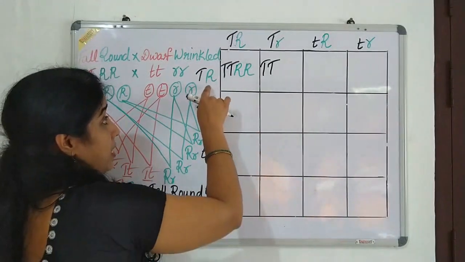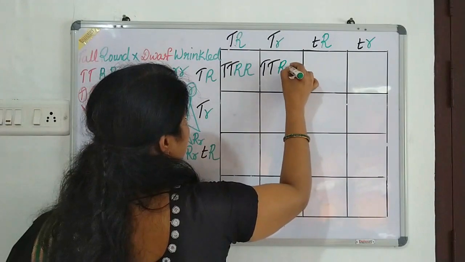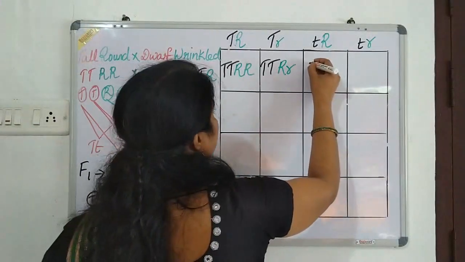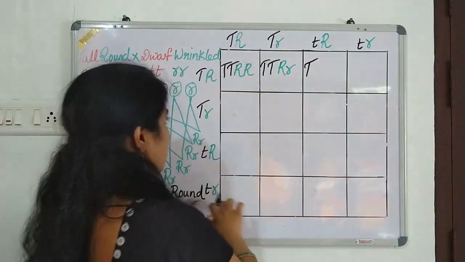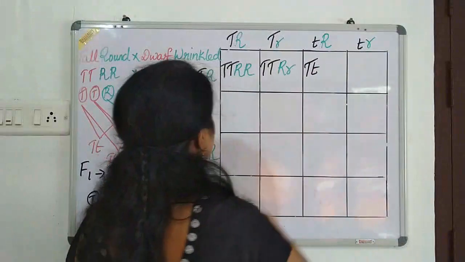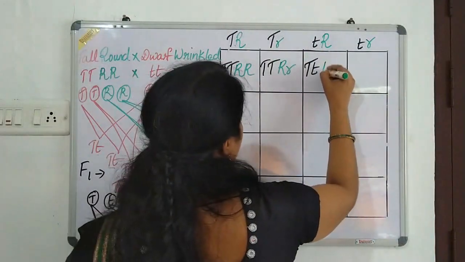Observe very carefully. Here is capital and here is what? Small. Next one. Here capital. There what? Small. R. Here capital. Here also capital.